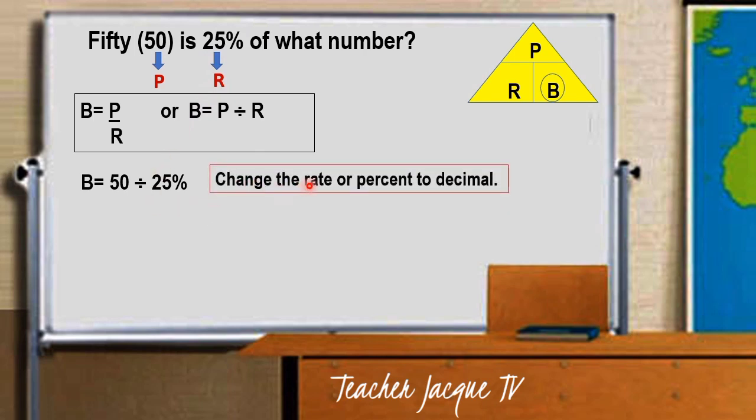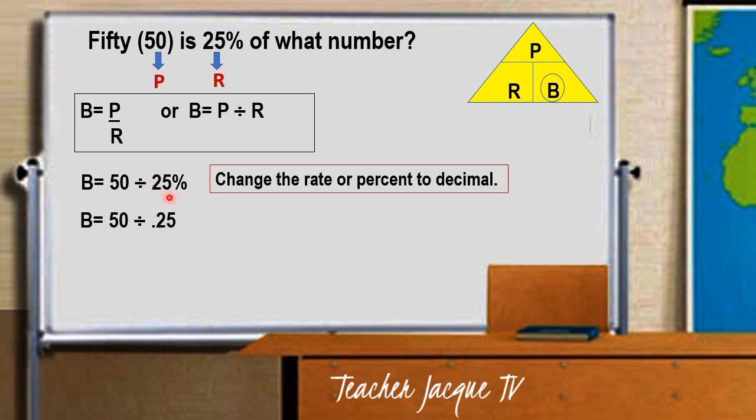Now, we will change the rate or percent to decimal by moving 2 decimal places from left to right. Okay, so start tayo dito, i-move natin ng 2 decimal places ang ating decimal points. So, 1, 2. Kaya meron tayong 0.25.